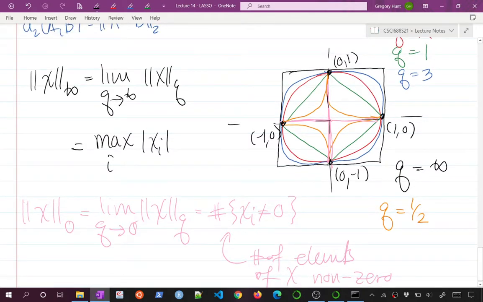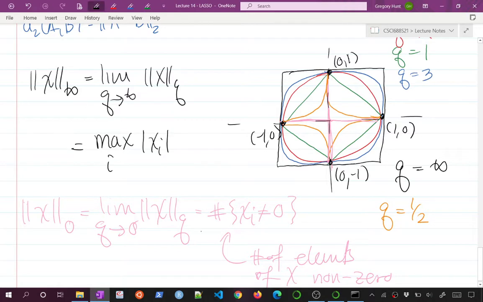So if I think about a vector, in that case, the only place it's going to be 1 if I'm at 0, 1. If I go out this way, what's going to happen here?